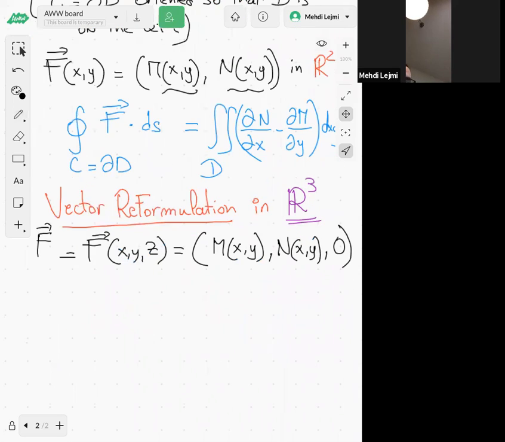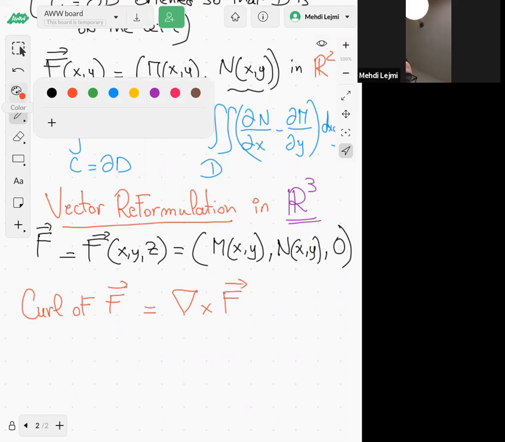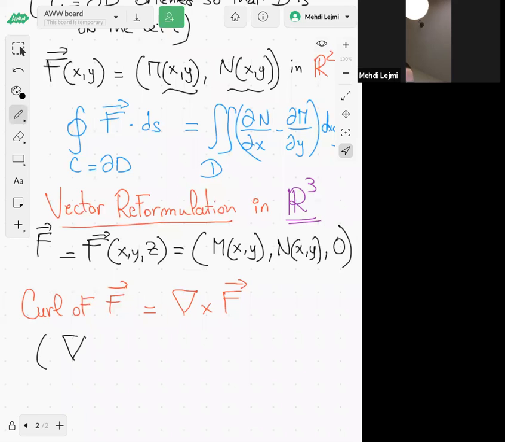So we said the curl of F is given by the cross product of the del operator with F. That's what we call the curl of F. The del operator is just the partial derivatives: partial x, partial y, and partial z.